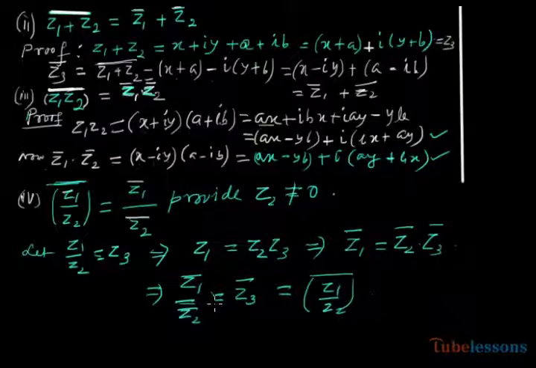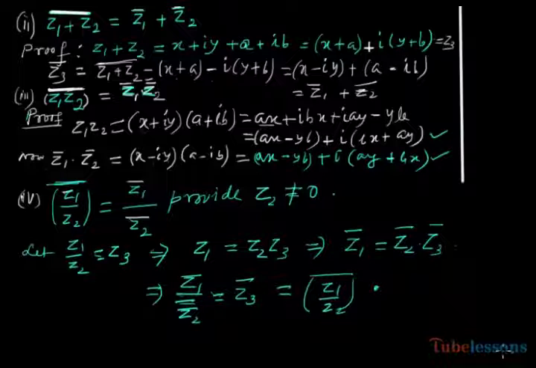So it is proved that the conjugate of Z1 by Z2 equals Z1 bar by Z2 bar. So these are the properties of the conjugate of a complex number.